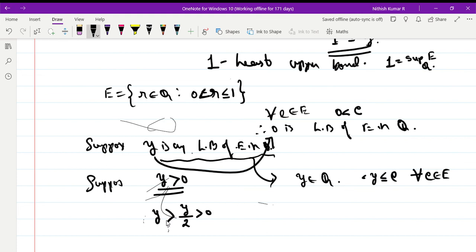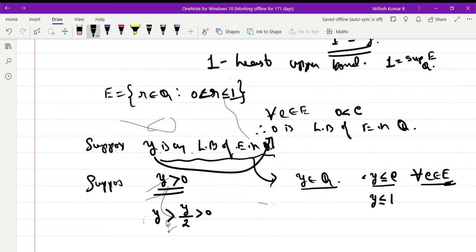Now y is a lower bound of E in Q, so y is less than or equal to every element of E. In particular, since 1 is an element of E, y is less than or equal to 1.